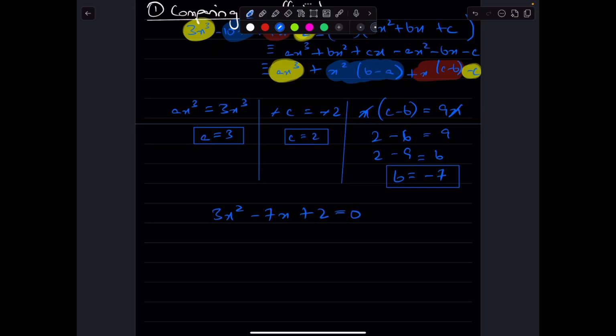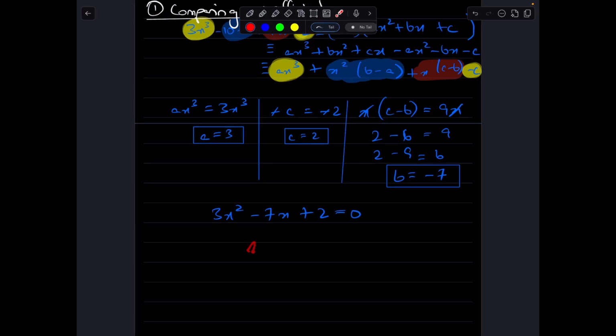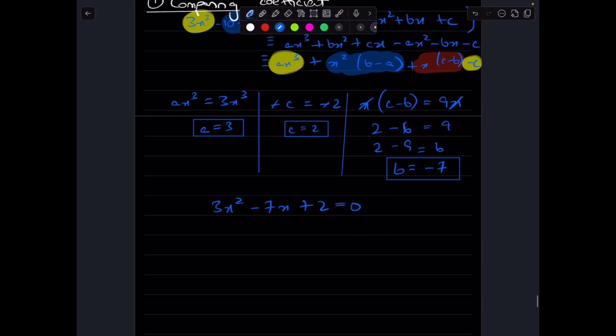Now by the time we have a quadratic equation, appreciate the fact we can find whether the cubic equation has 3 solutions, 2 or 1, by finding the determinant. So we solve this quadratic equation.